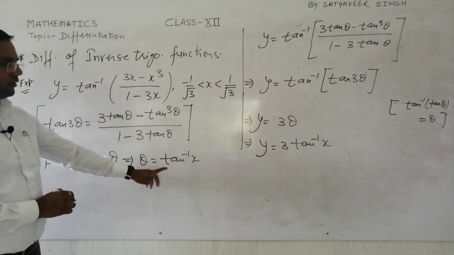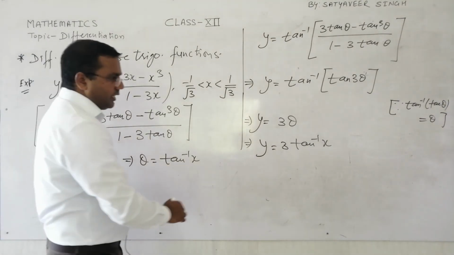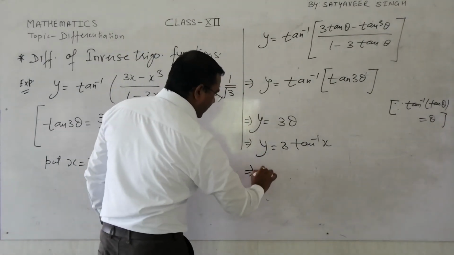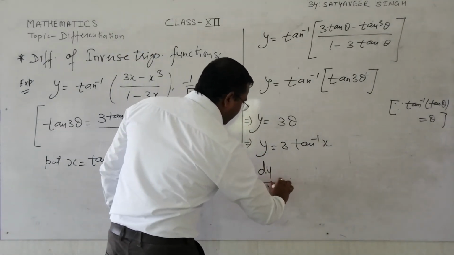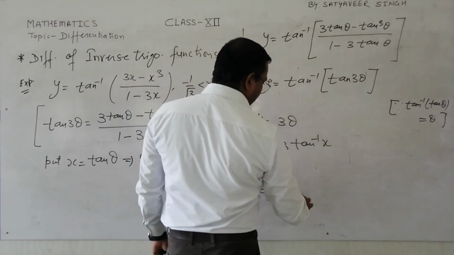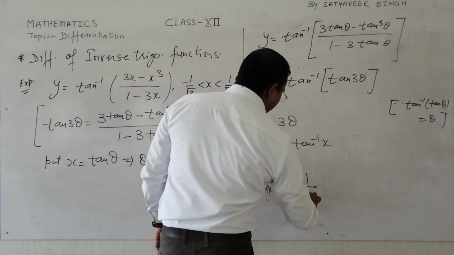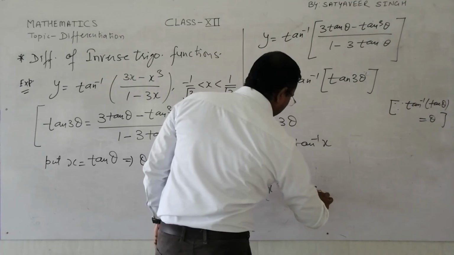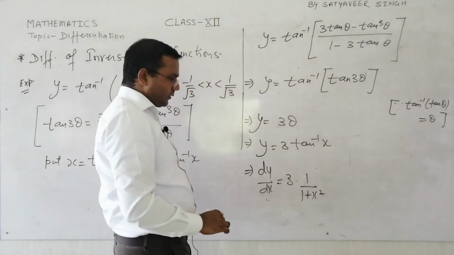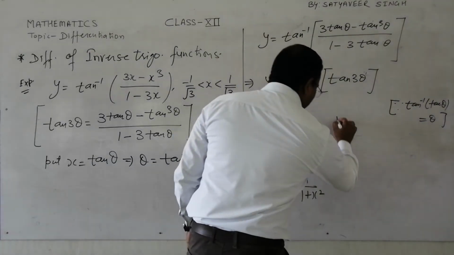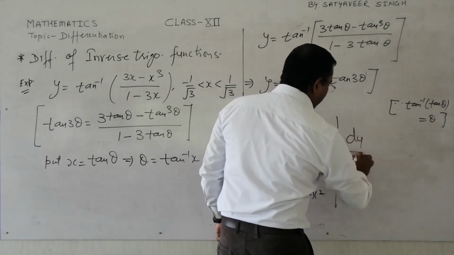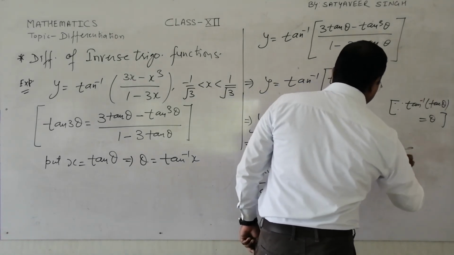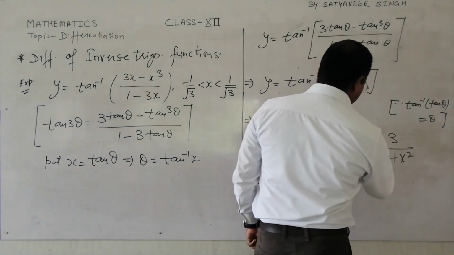Now you differentiate, so dy by dx is equal to 3 times the derivative of tan inverse x, which is 1 upon 1 plus x square. So you got the result: dy by dx is equal to 3 upon 1 plus x square.